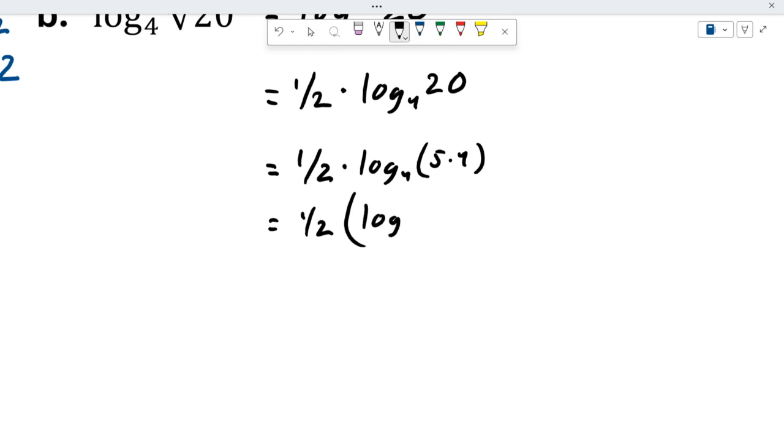So I'm going to break up my logarithm using the product rule. So this is going to end up being the log of 5 base 4, and then plus, because it's the sum of the log of the other factor, which was 4 base 4. And again, you can see that if I get rid of the parentheses and I just say times, well, that 1/2 is currently not being multiplied to the log of 4 base 4.